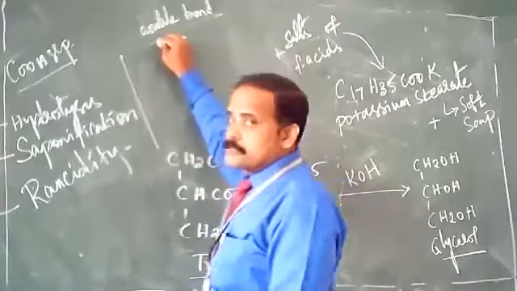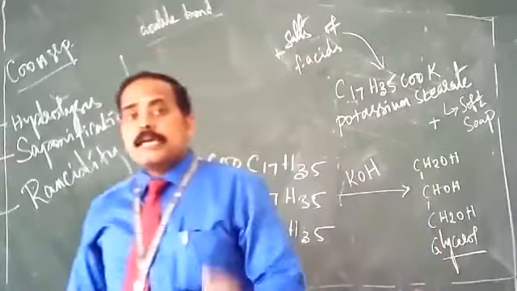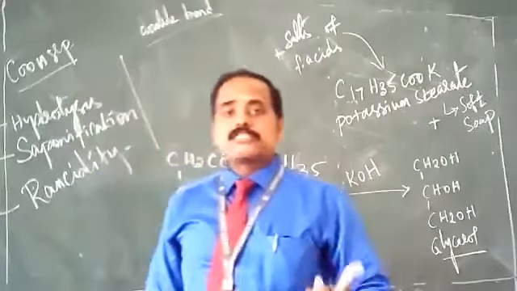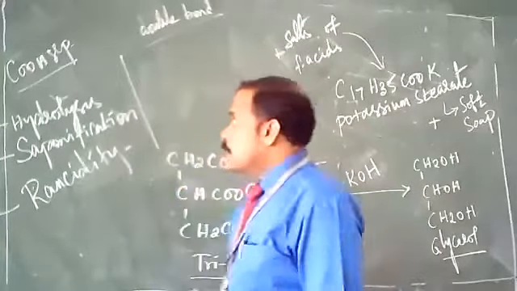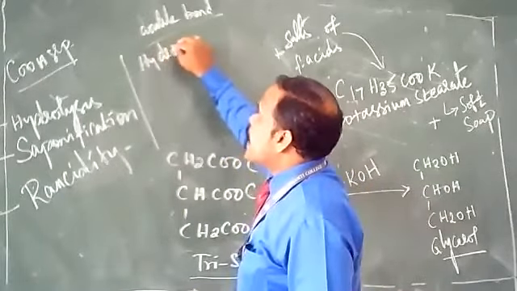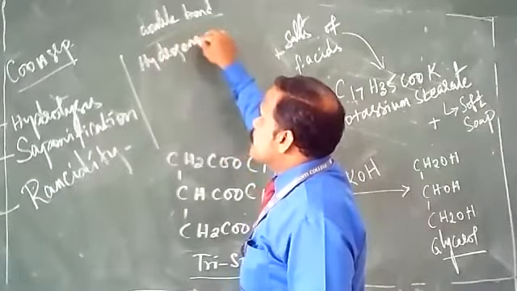Now we are going to see the chemical reactions, or the chemical properties, that come under double bonds. Under that we have hydrogenation and halogenation, and then rancidity.